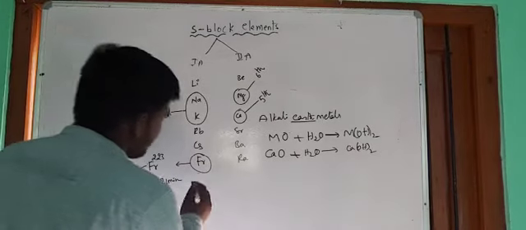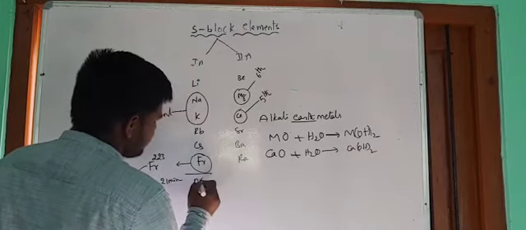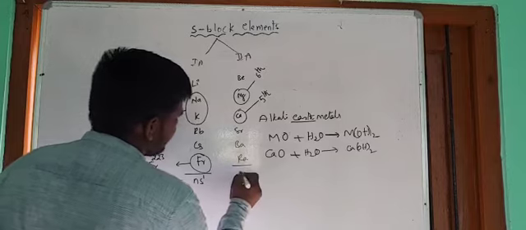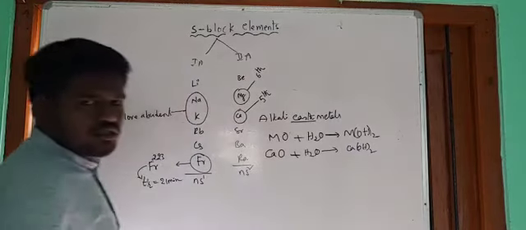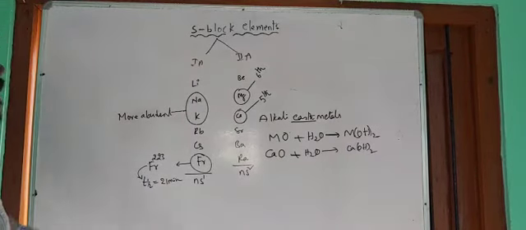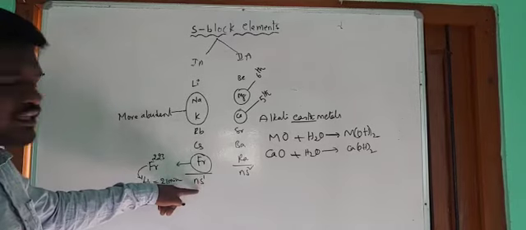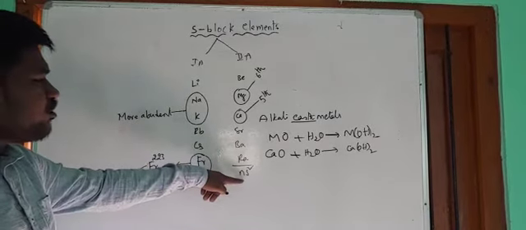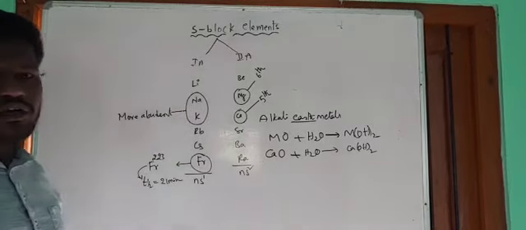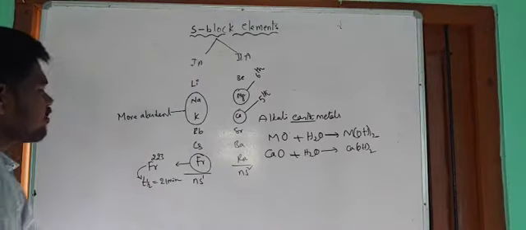Next, the general electronic configuration of the first A group elements is ns1 and of second A group elements is ns2. In the outermost shell of every element present in the first A group, you have one electron in their s orbital. In case of the second A group, 2 electrons are present in their s orbital. Here n means period number. Okay.